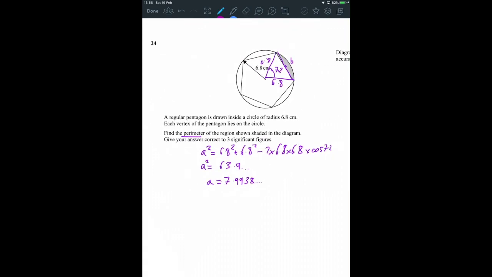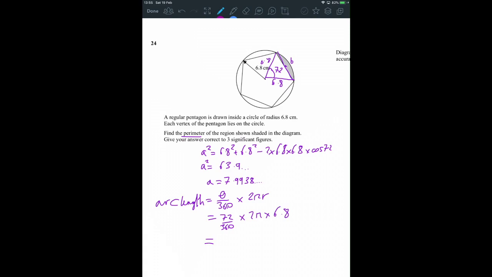For the B, well, that's an arc, and we have our formula for arc length, which is the angle over 360, that's a fraction of the circle, times the entire circumference. So that's 72 over 360 times 2 pi times 6.8.